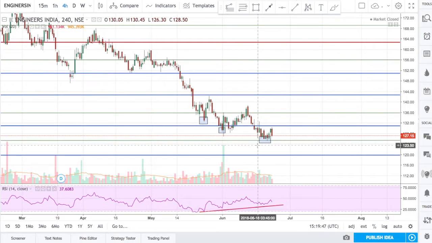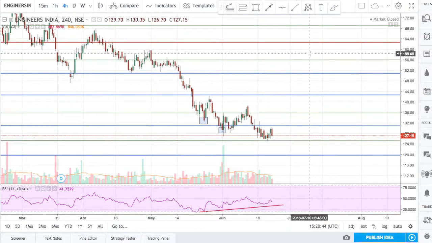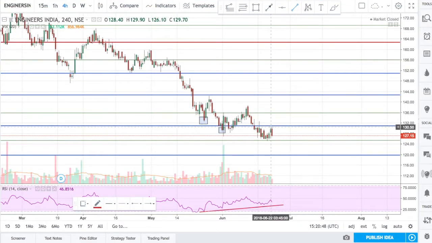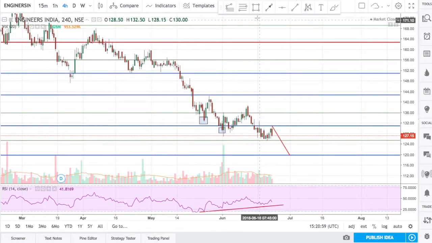However, in this case, we have a tiny congestion zone within which the prices have moved to and fro. Once again, as in the case of BEL, two scenarios can happen. The first scenario is for the prices to push lower, which is once again a very low probability scenario.